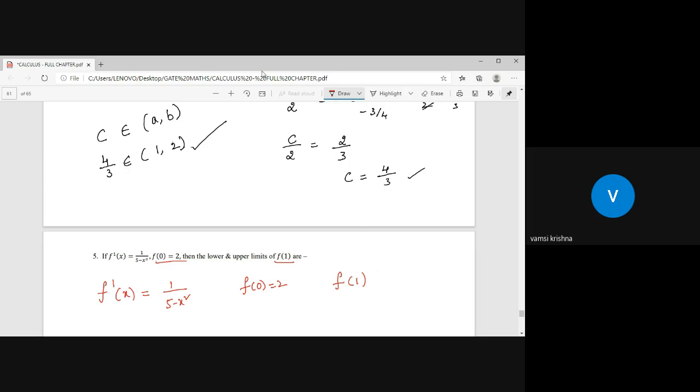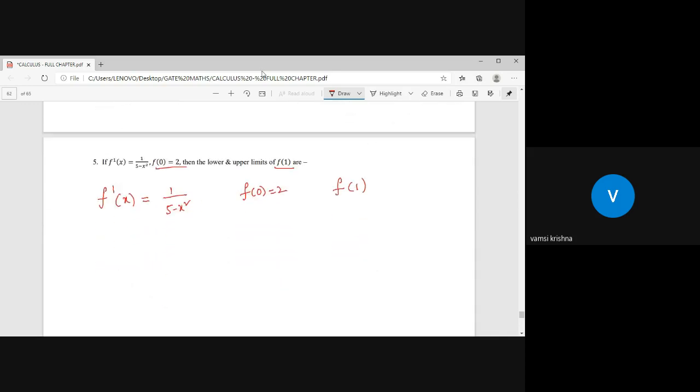So the actual answer is, for f of 1, the lower limit will be 2.2 and the upper limit is 2.25. So try to solve this question yourself.